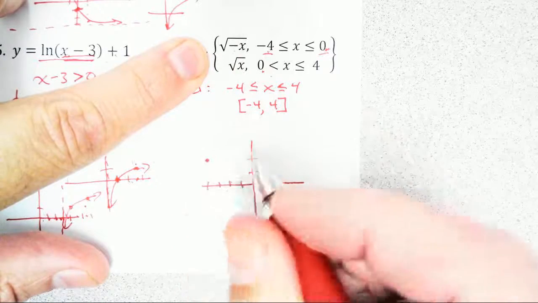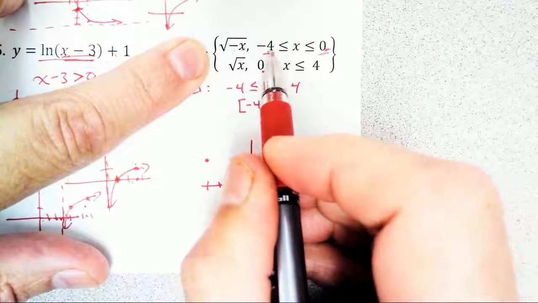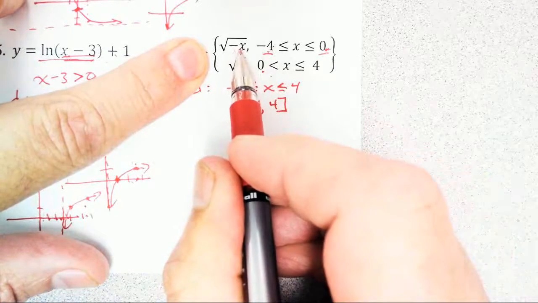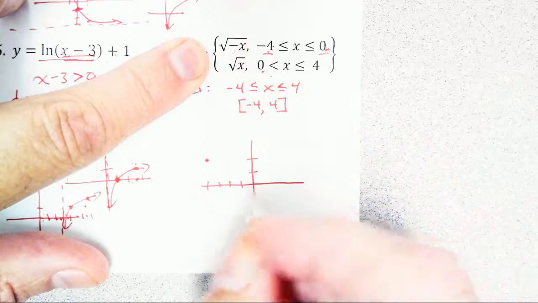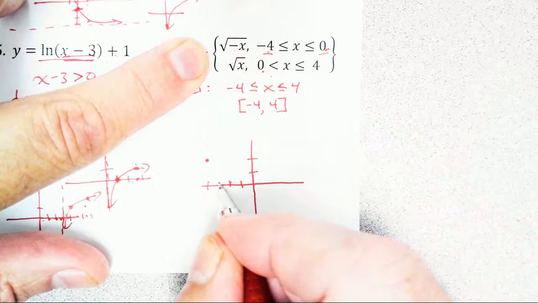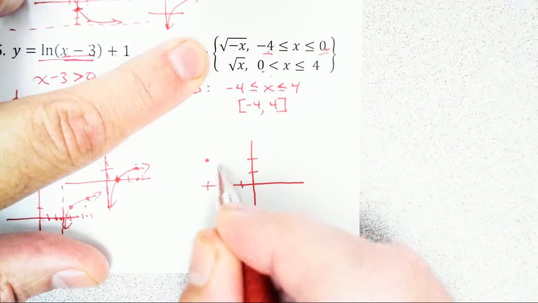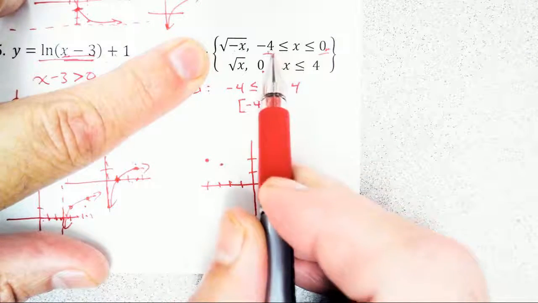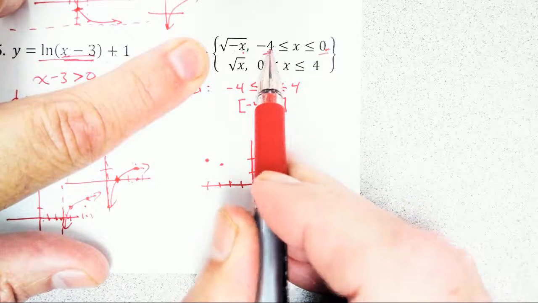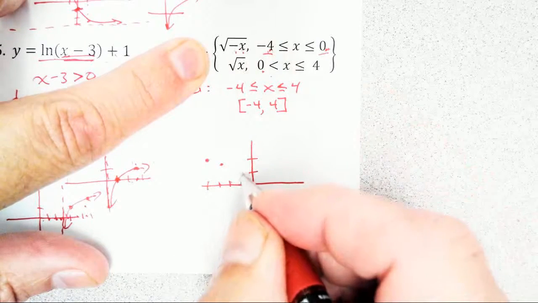Well, that was convenient. If I put -3 in, I get the square root of 3, which is about 1.7. If I put -2 in, I get the square root of 2, about 1.4.